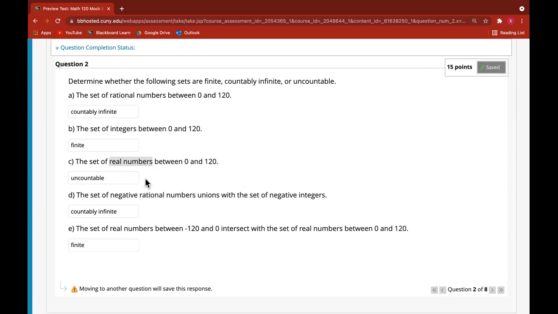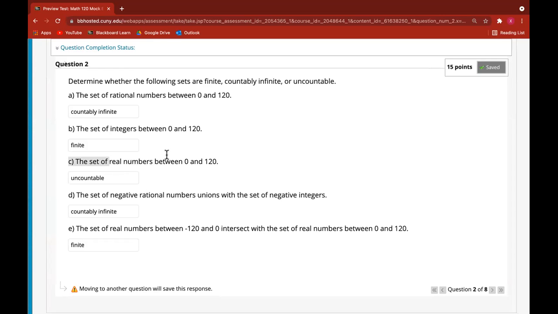So since that set is uncountable, this will be uncountable. Or, the set of real numbers between 0 and 1 is a part of the real numbers between 0 and 120, and that smaller part is already uncountable, so 0 to 120 is also uncountable.